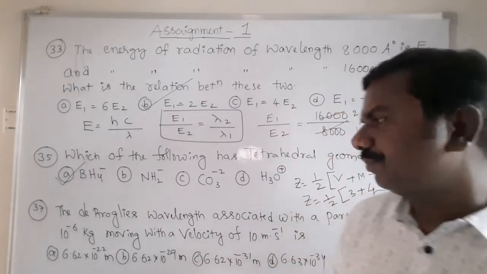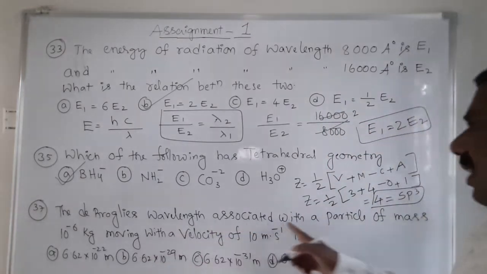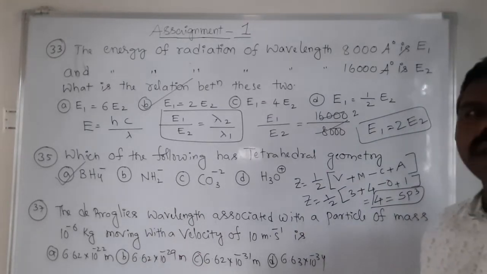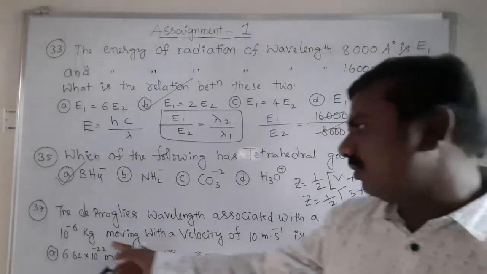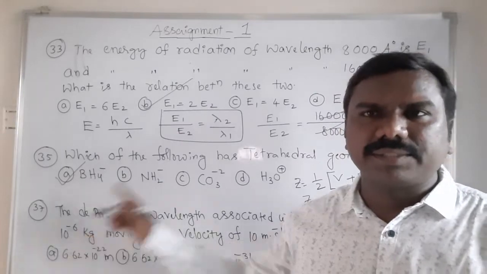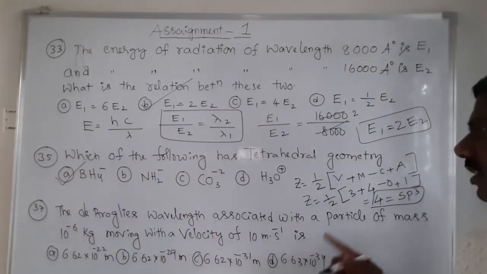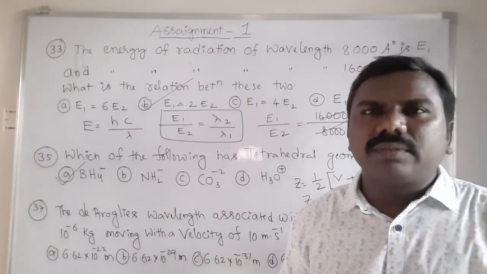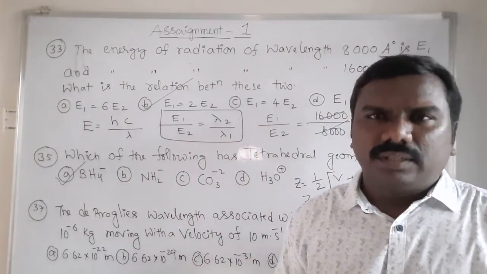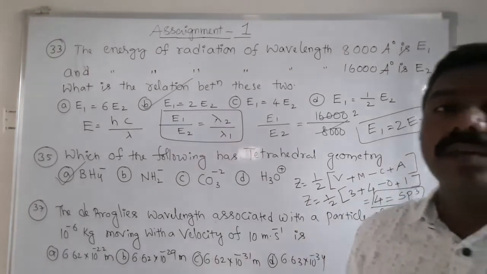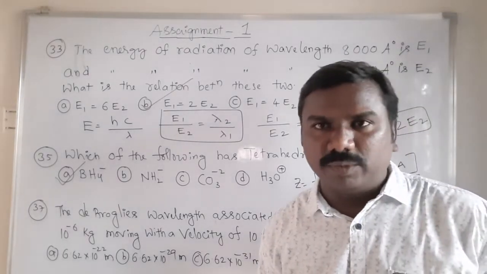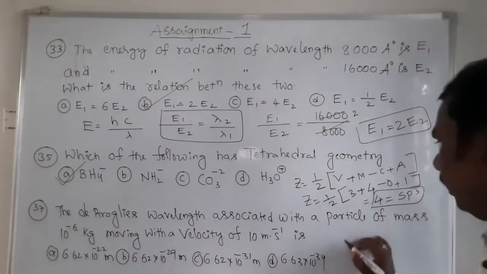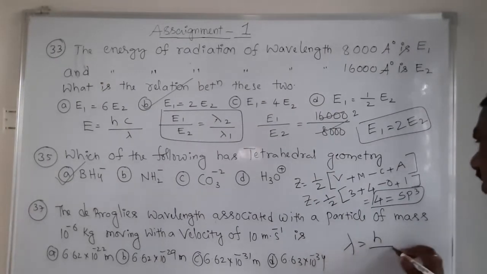That's what is important. Next, de Broglie's wavelength associated with a particle of mass 10 power minus 6 with a velocity of 10 meter per second. You know de Broglie's wavelength formula, lambda is equal to h by mv, direct formula.